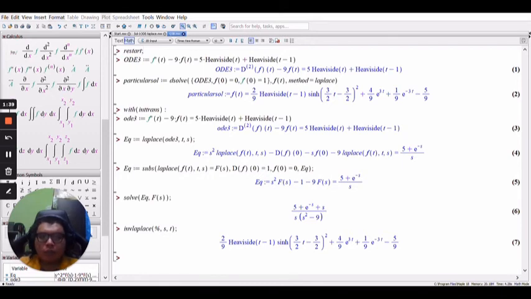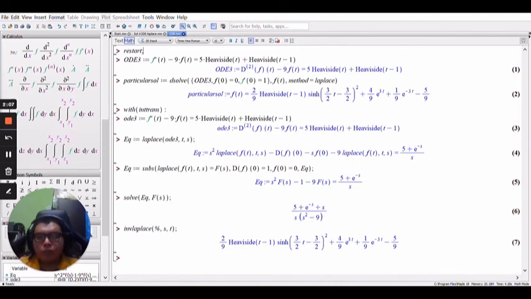So the particular solution is f(t) equals 2 over 9 Heaviside t minus 1 hyperbolic sine of 3 over 2 times (t minus 1) squared plus 4 over 9 exponent 3t plus 1 over 9 exponent negative 3t minus 5 over 9.